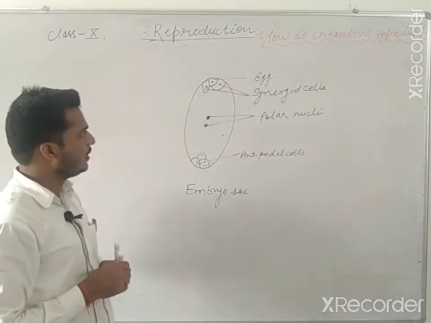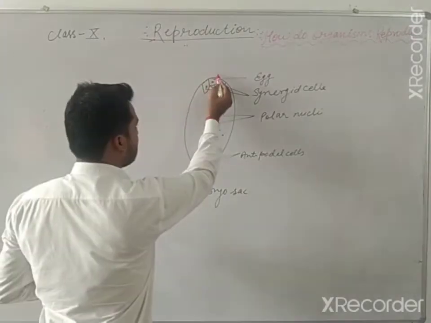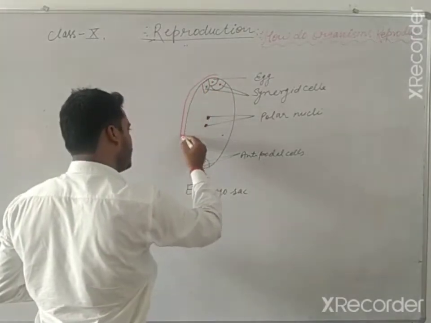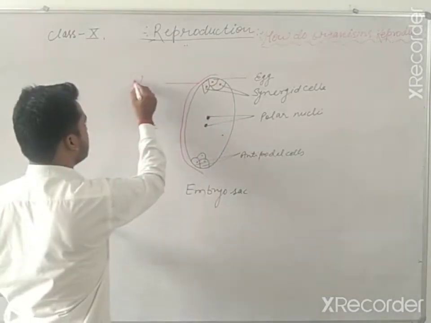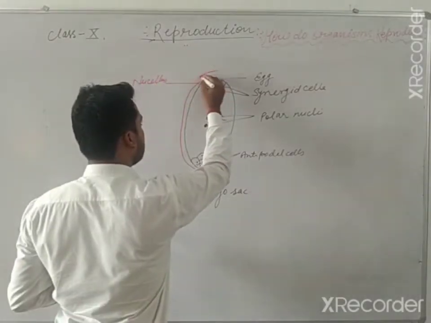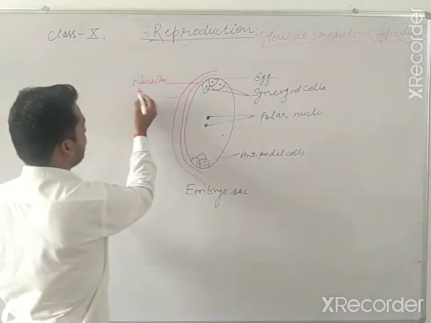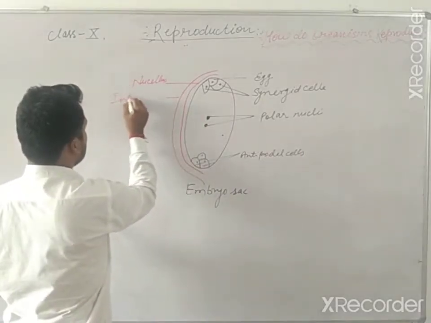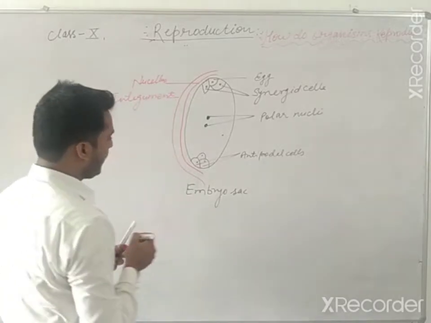In this structure, one covering is also present, that is called the nucellus. Above this, a portion is present that is called the integument.